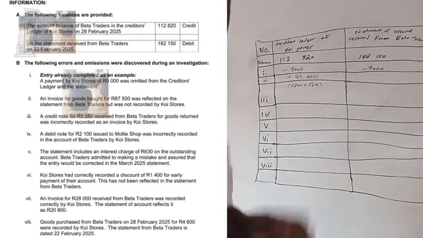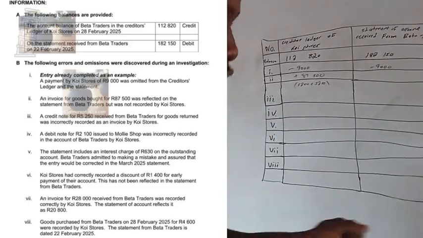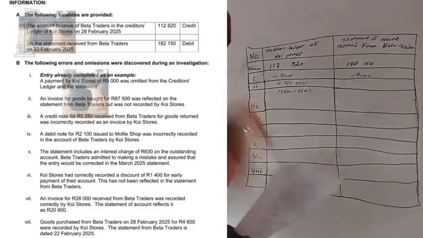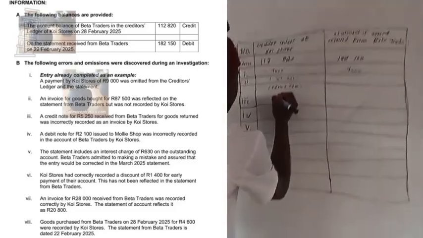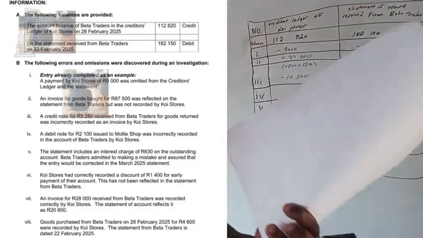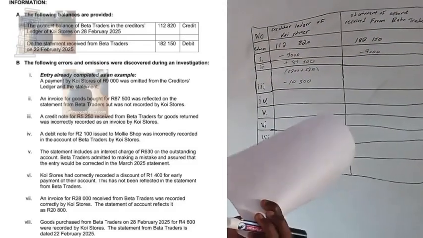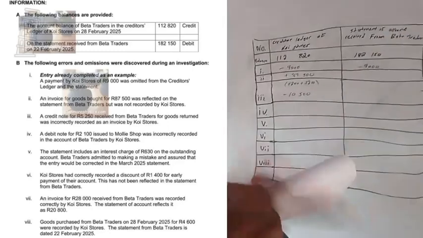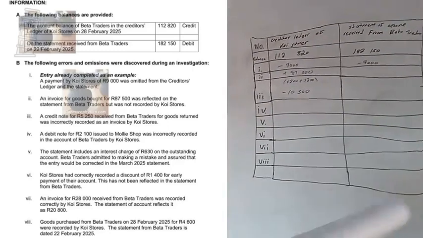So we made a mistake by recording it as an expense. So we must add it down, and then when we add these things, you will get 10,500, and then you will say minus 10,500 because of the credit note. We returned the goods, so it's our money for returning the goods, and it's our money that we recorded as an expense. We made a mistake. It's not an expense; it's an income.